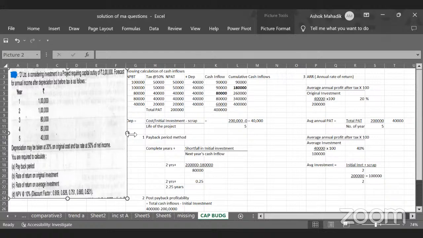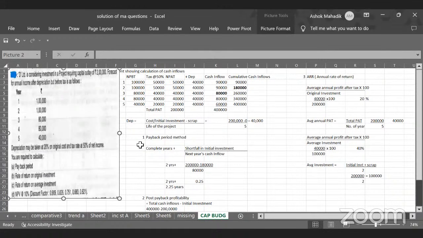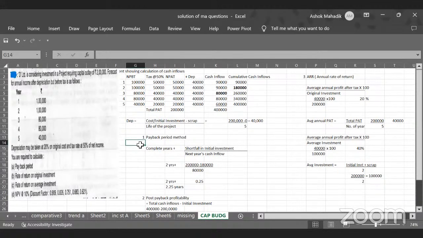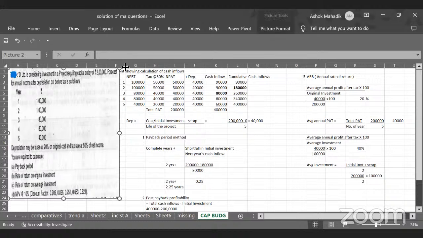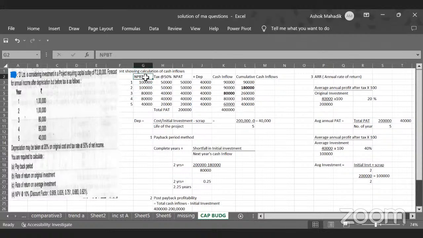So what is given to you is before tax. They have already charged depreciation, but they are yet to deduct tax. So what you have to do is make one table. First column is for years. We have 5 years. Then a column for the profit, at the level at which it is given. It is given at net profit before tax.